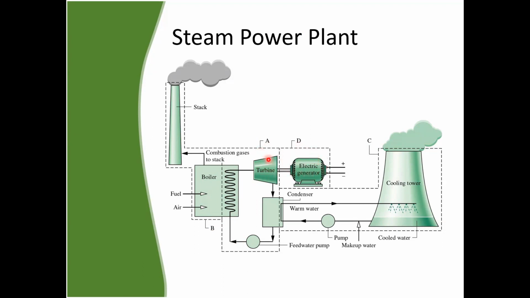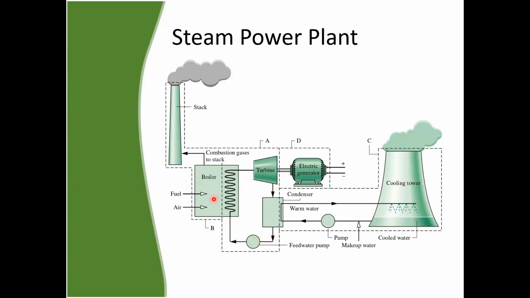So from the expansion in the turbine, it goes to the condenser. The temperature is still quite high. Now in the condenser, the fluid is cooled, so the temperature is decreased using a cooling fluid coming from a cooling tower.